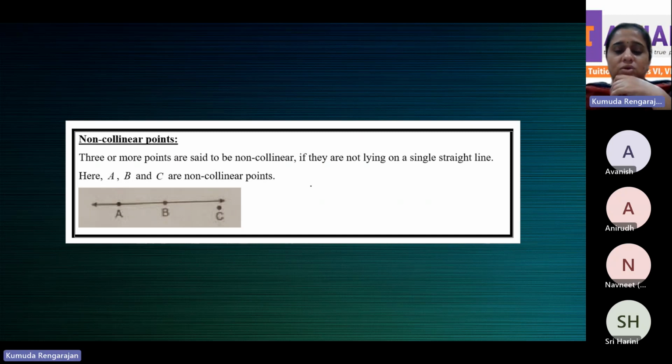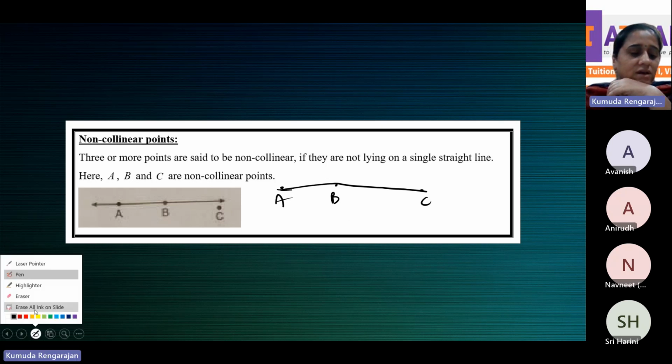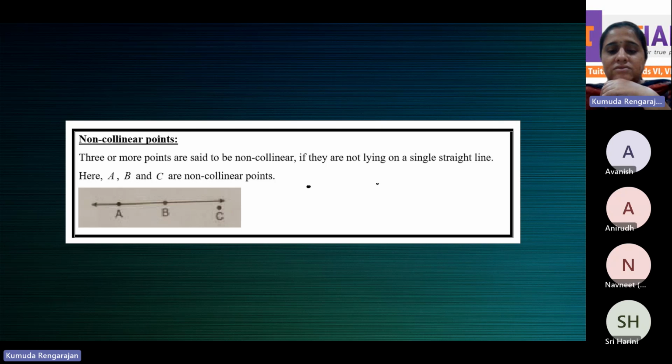Non-collinear points. So you can see here 1, 2, 3. Now supposing you want to connect the points A, B, and C. A and B you are able to connect, but you cannot continue with that line and connect C. You connected A and B, then you're going in the same direction, but C is somewhere below.